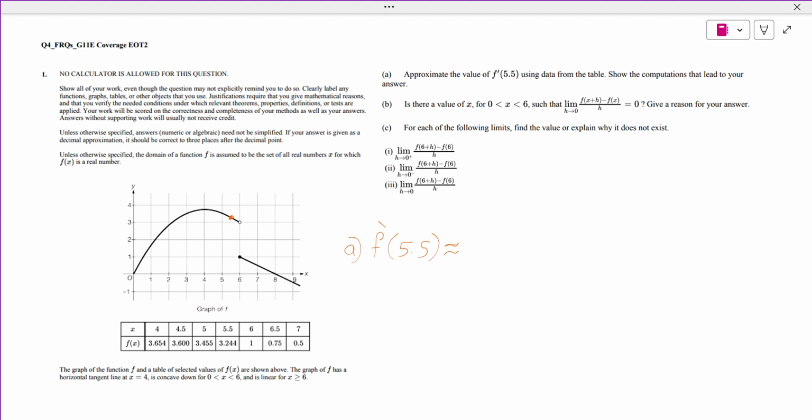You cannot say that 5.5 lies between 5 and 6 and use those points. No, you cannot use this point. So you can use f of 5.5 minus f of 5 over 5.5 minus 5.